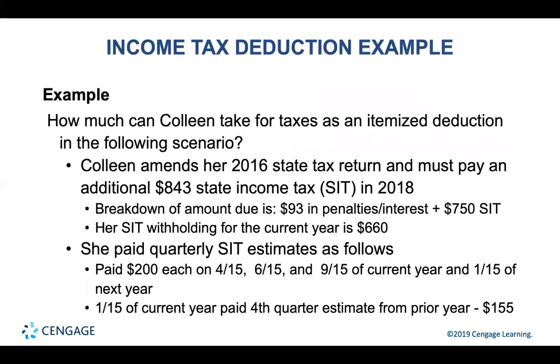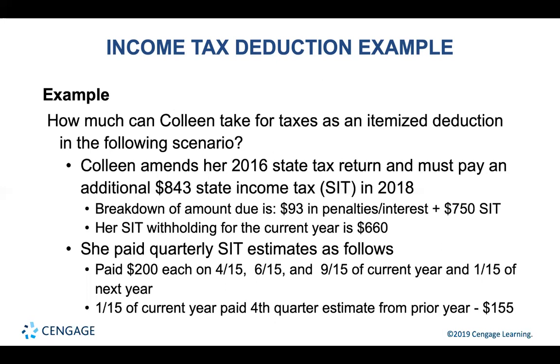Example, how much can Colleen take for taxes as an itemized deduction in the following scenario? Colleen amends her 2016 state tax return and has to pay an additional $843 state income tax in 2018. The $843 consists of $750 of actual tax and $93 in penalties and interest. Her current year state withholdings is an additional $660.